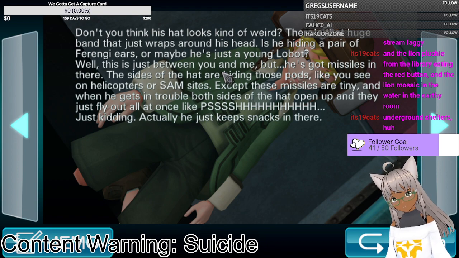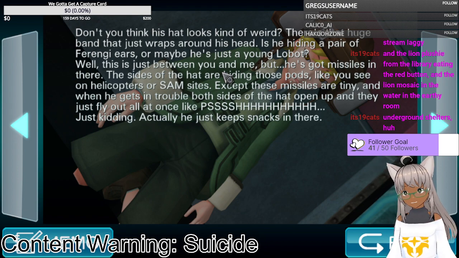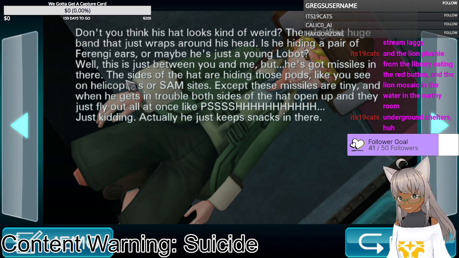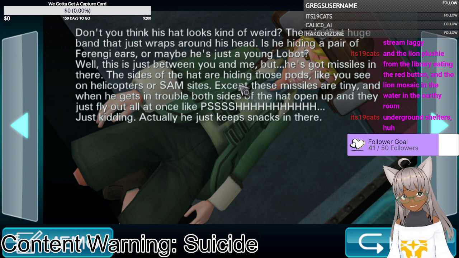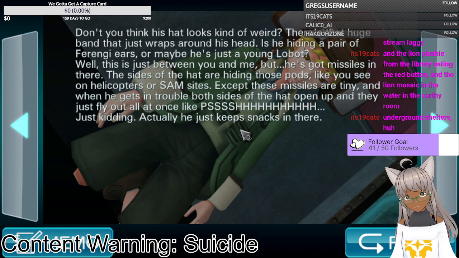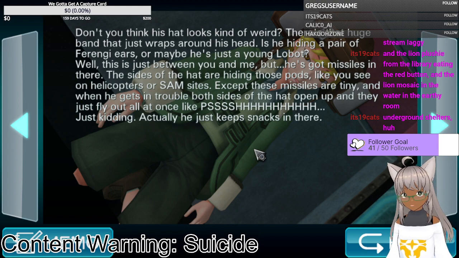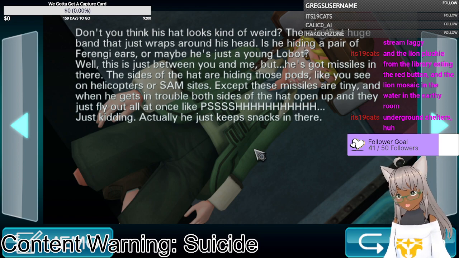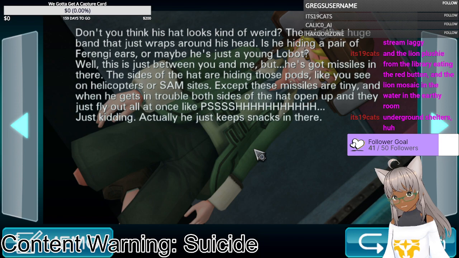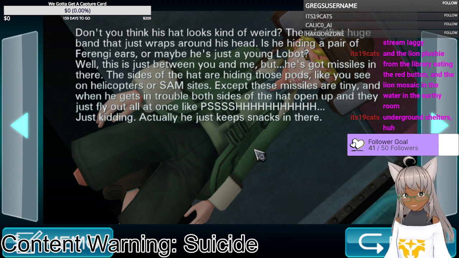Well, this is just between you and me, but he's got missiles in there. The sides of the hat are hiding those pods like you see on helicopters or SAM sites. Except these missiles are tiny, and when he gets in trouble, both sides of the hat open up, and they just fly out at once like psh. Just kidding. Actually, he just keeps snacks in there.